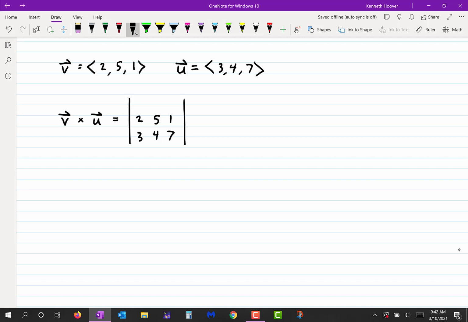And then in the top row, instead of writing numbers, you write the 3 standard unit vectors. Do you remember those? I, J, and K. Like this, their names. You write their names. I, J, K. All right, let's calculate that determinant.